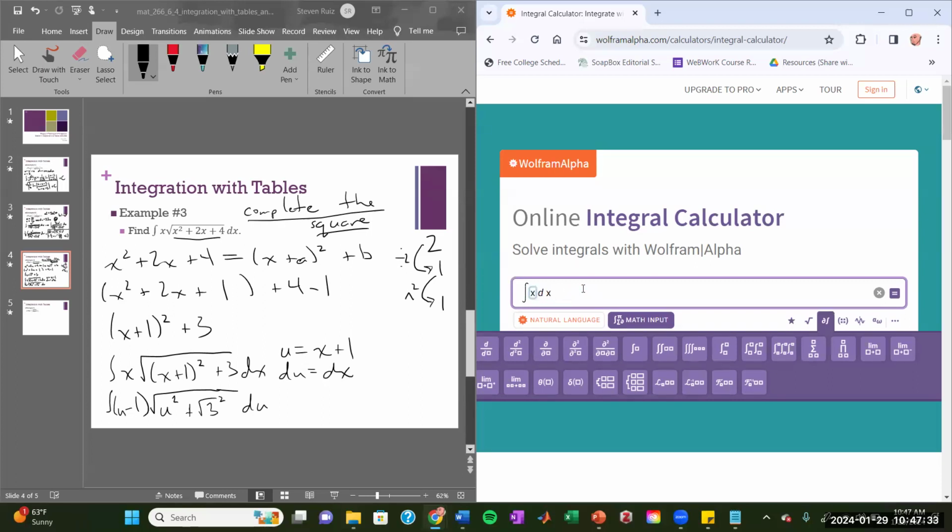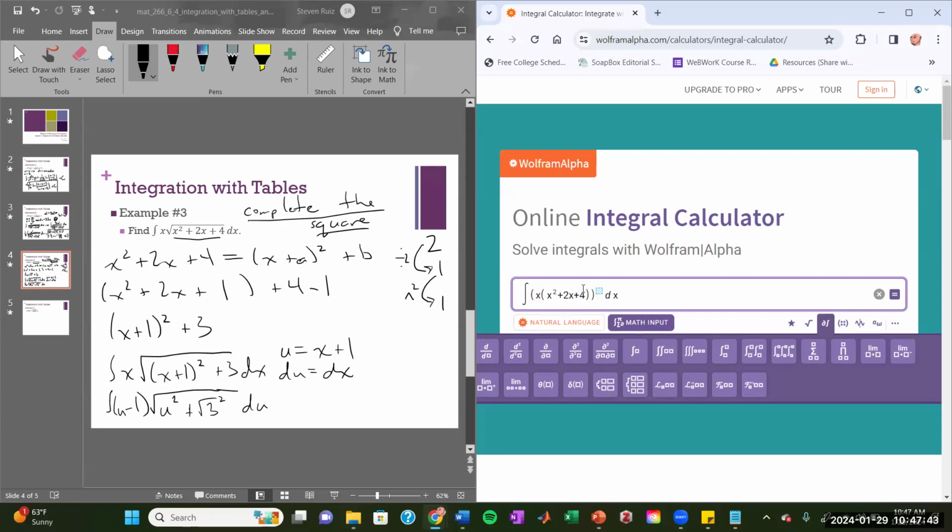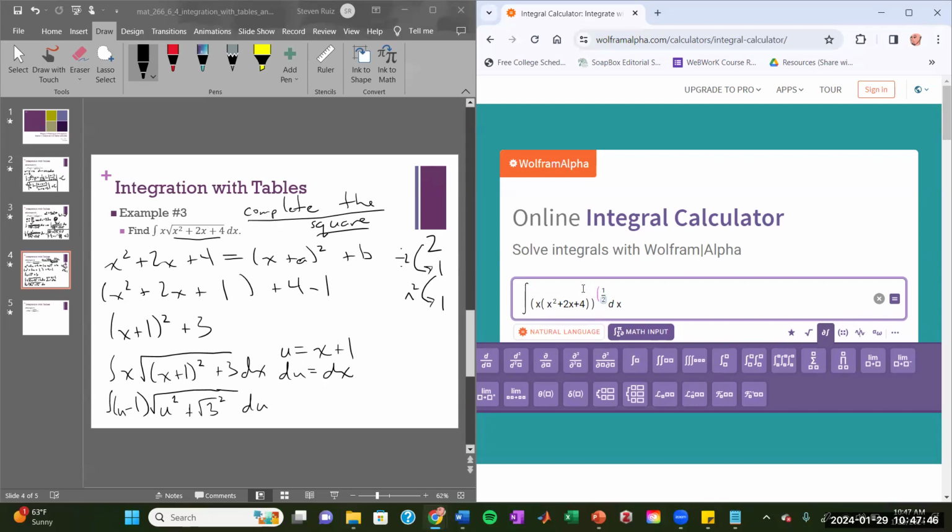So x times, is that square root in the right place? Also square root of the x.